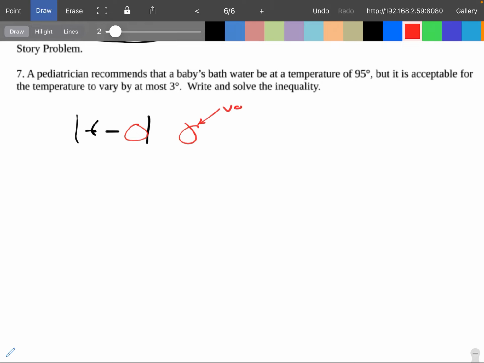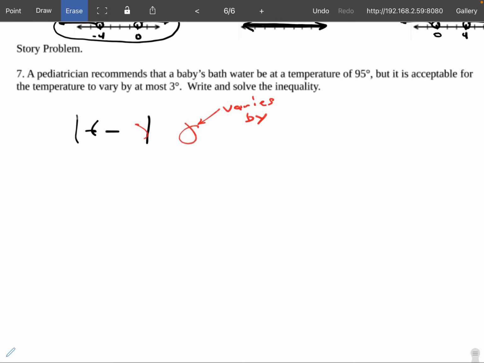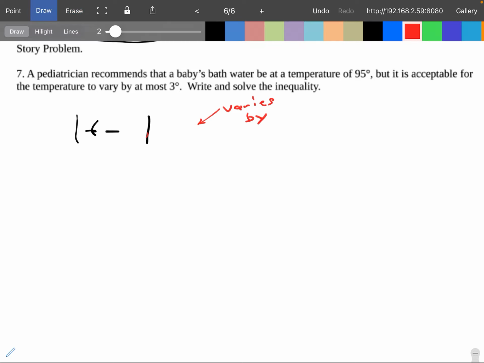Does the 3 go inside the absolute value or does it go outside? What's that? Well, if you remember back from when we were doing this, the number that goes out here is how much it varies by. Yeah, the 3 goes out there.